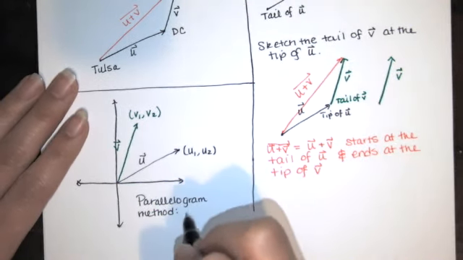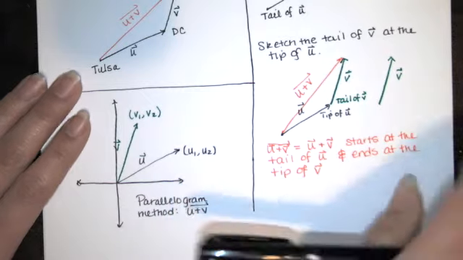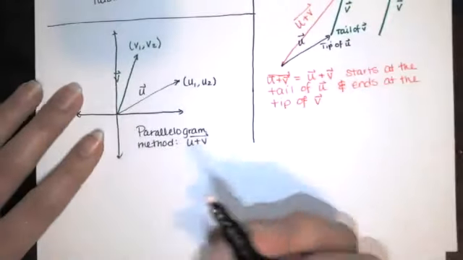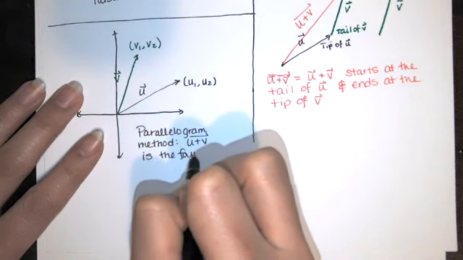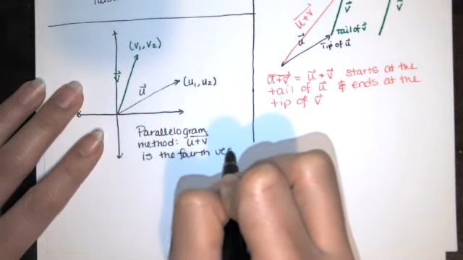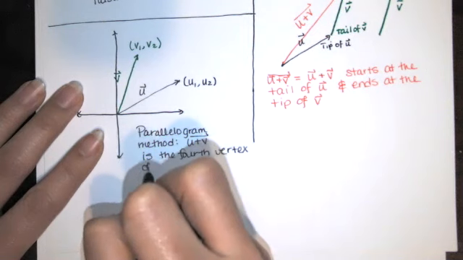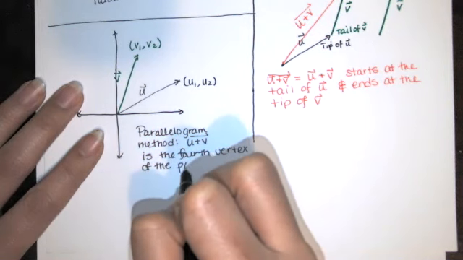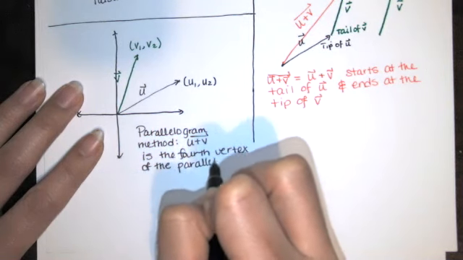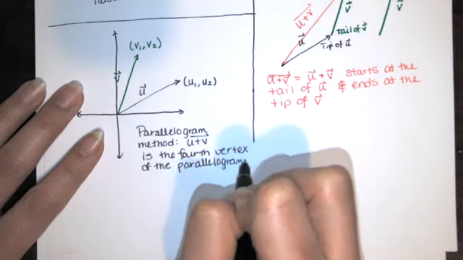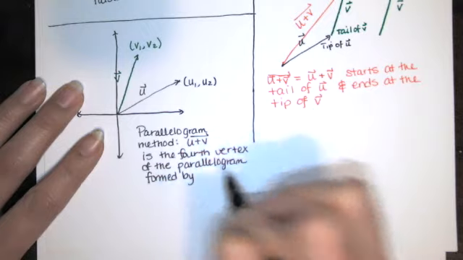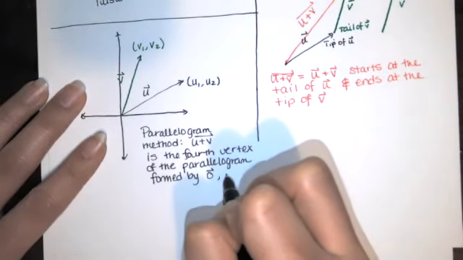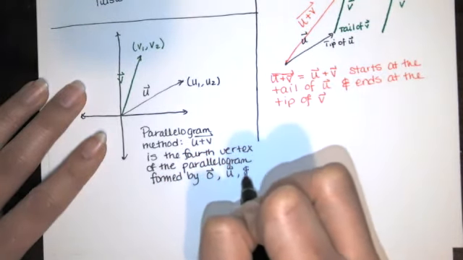The vector u plus v is the fourth point, or the fourth vertex, of the parallelogram formed by the 0 vector, the vector u, and the vector v.